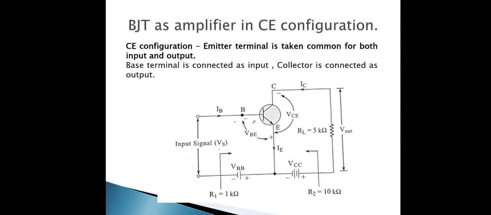The first point to be noted regarding an amplifier is, when you want a BJT to be used as an amplifier, the connections for the particular BJT should be such that the input circuit of that particular transistor should be forward biased, and the output circuit of that particular transistor should be reverse biased.